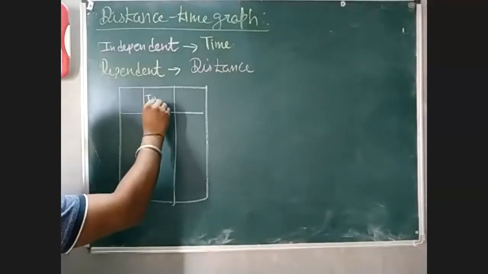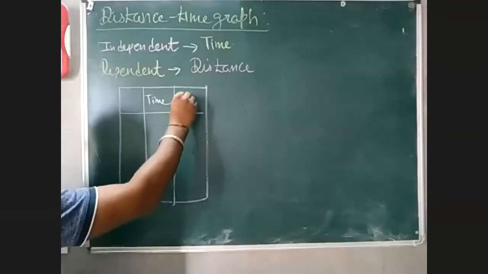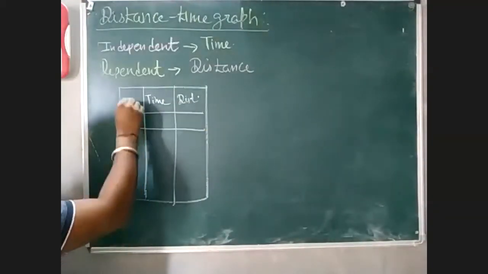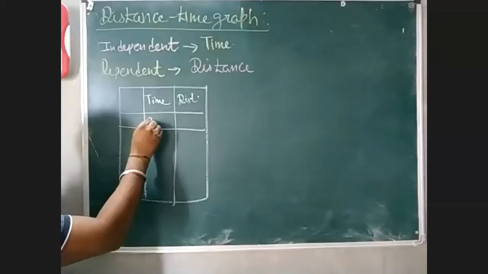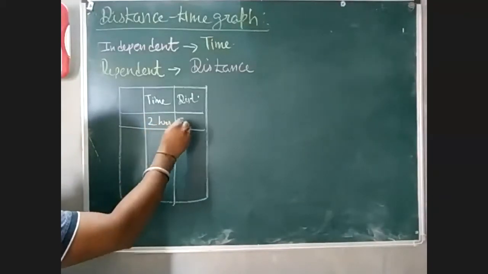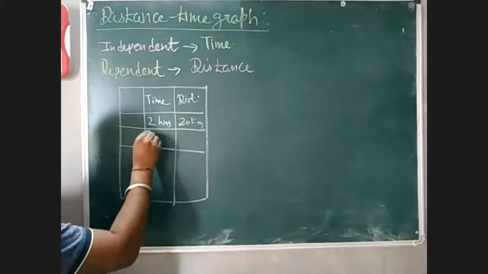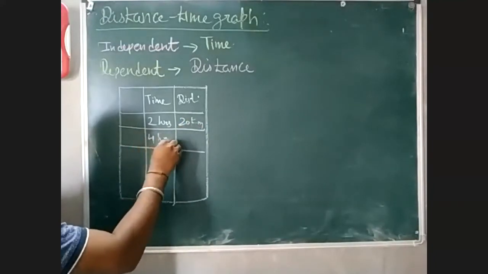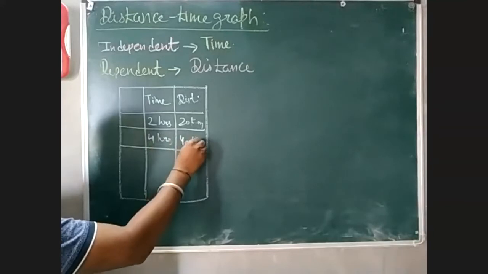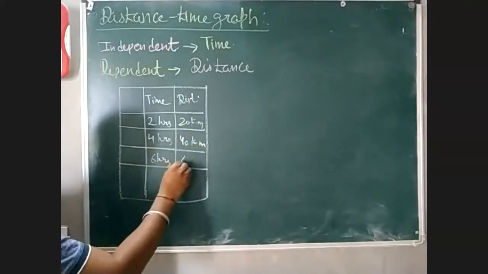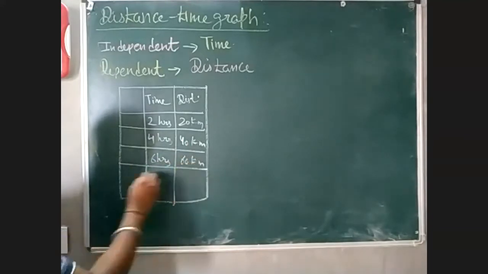Here we are given time, and here is distance, right? So time is 2 hours, distance was 20 kilometers. Time is 4 hours, distance is 40 kilometers. Time is 6 hours, distance is 60 kilometers.